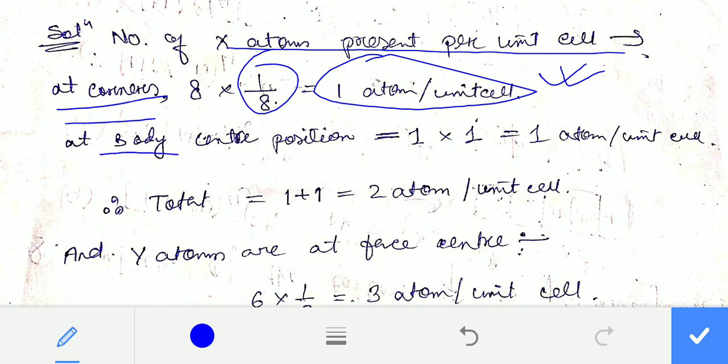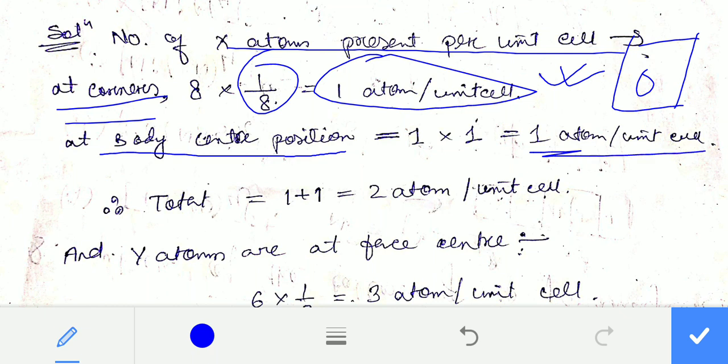X atom is also present at the body center, that is, the middle of the cube, so it will also contribute 1 atom per unit cell. That is, X atoms contribute a total of 2 atoms per unit cell.